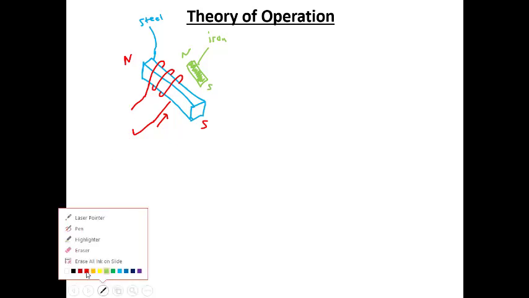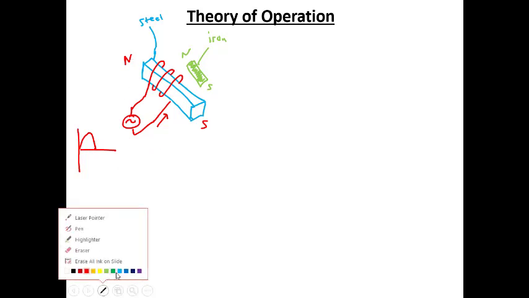Well, we don't use DC with transformers. So if I go back and I erase this power source and I put in an AC power source, now what's going to happen is when the sine wave goes positive, we would get a north pole and a south pole.